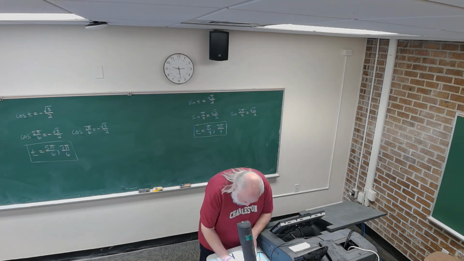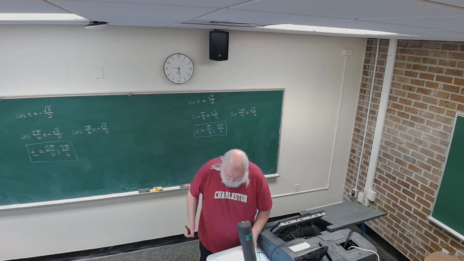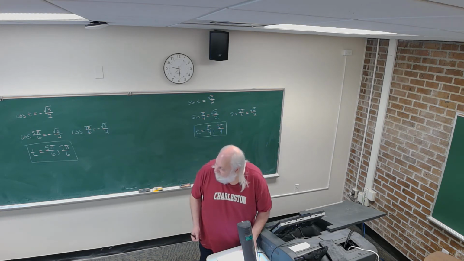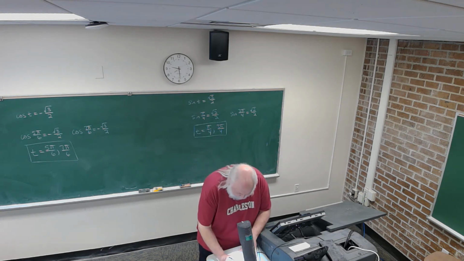Then here's the point pi, 0. Then here's the point 3 pi over 2, -1. And then here's the point 2 pi, 0. So we plot those 5 points, and then we play connect the dots.